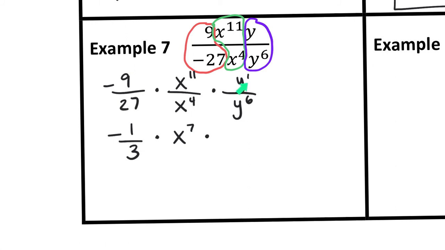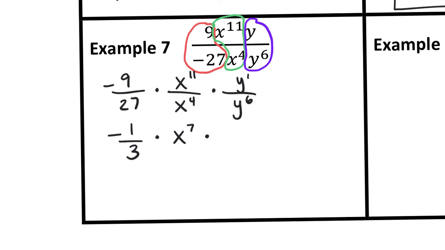And then for the y situation, I have 1 y on top and 6 on the bottom. So what's going to happen with the y's? Which section is going to have more y's? The bottom, right?